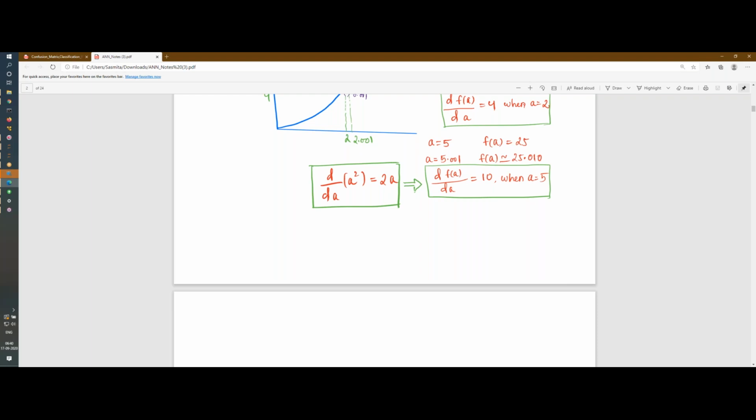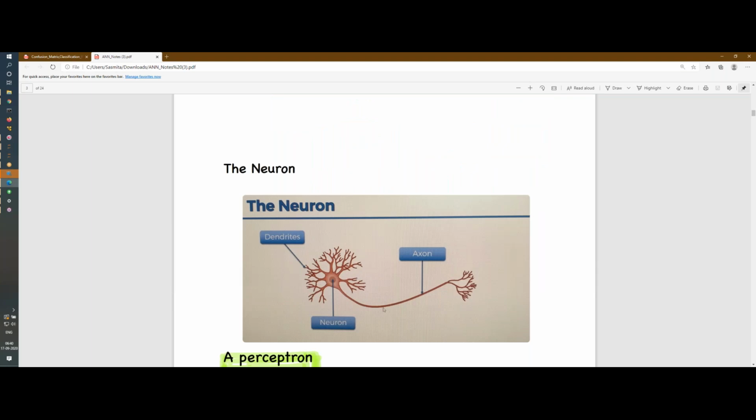So before we jump into ANN, let us understand from where this concept came, right? This concept came from us. So we have neurons in our brain, right? In our body we have neurons. So if you see, this is a structure of a neuron. So we have dendrites, we have neuron, and then we have action, right?